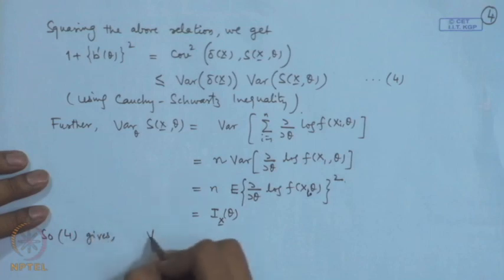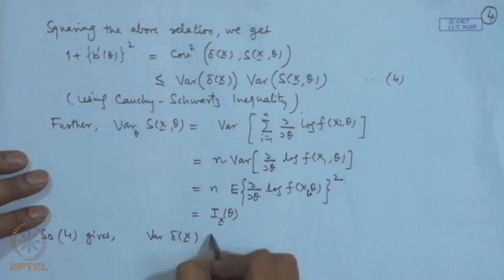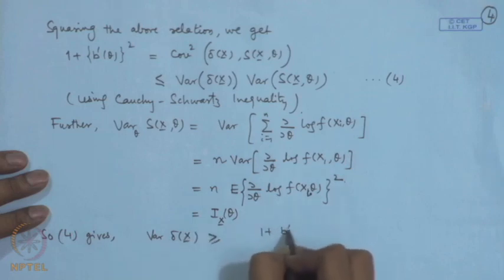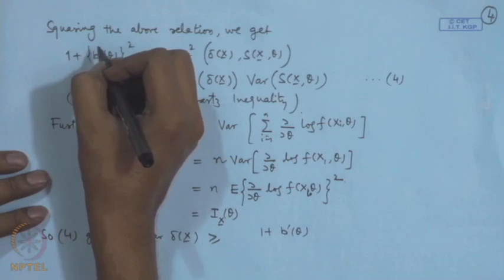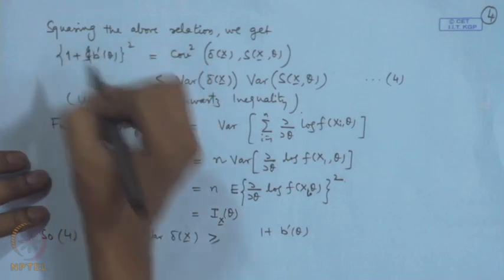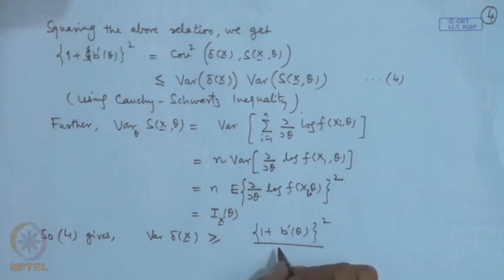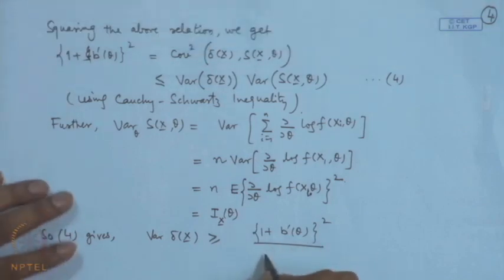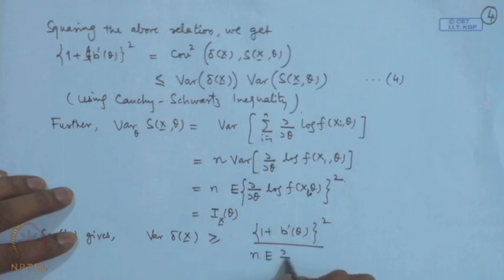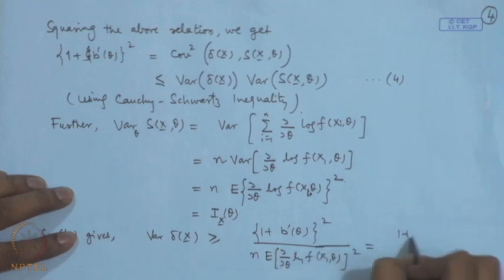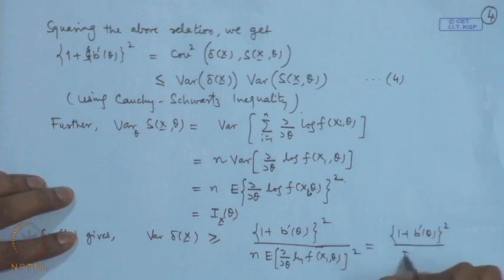Variance of delta x is greater than or equal to (1 plus b prime theta) whole square, divided by n times expectation of (del by del theta log of f x 1 theta) whole square, which we can also write as (1 plus b prime theta) square by I theta in the sample.